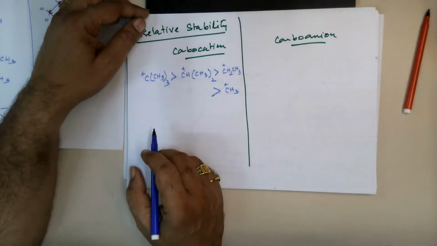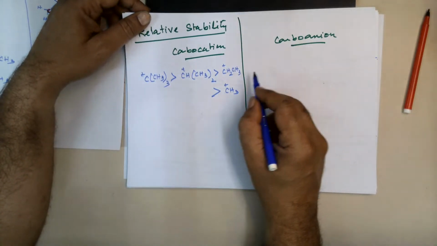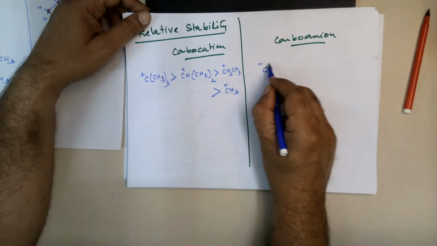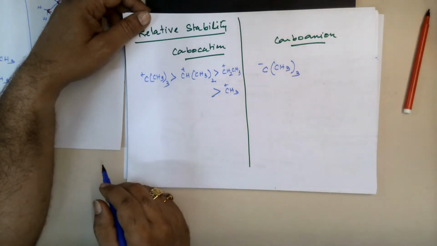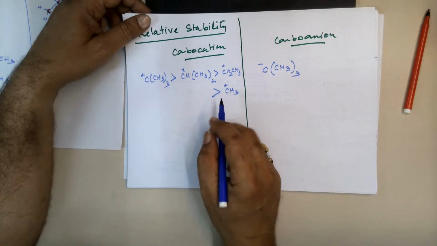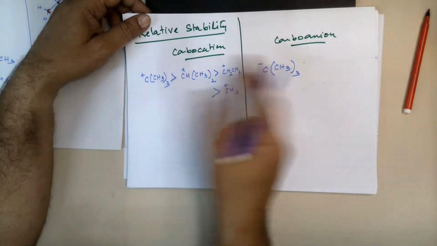Similarly, carbanion. In the case of carbanion also, C minus with CH3 thrice, that is tertiary, will be less stable. I'm sorry, this is just the opposite.